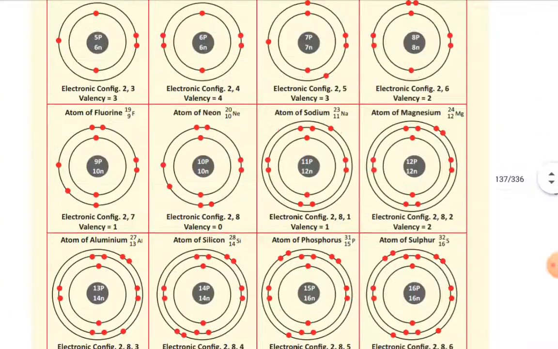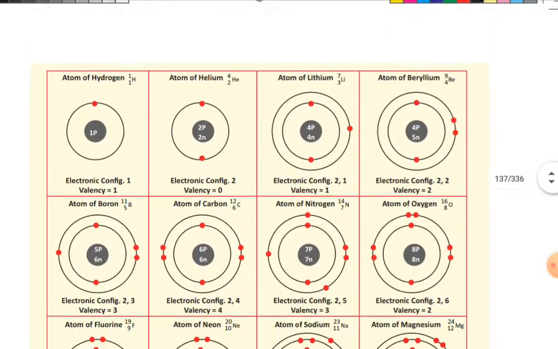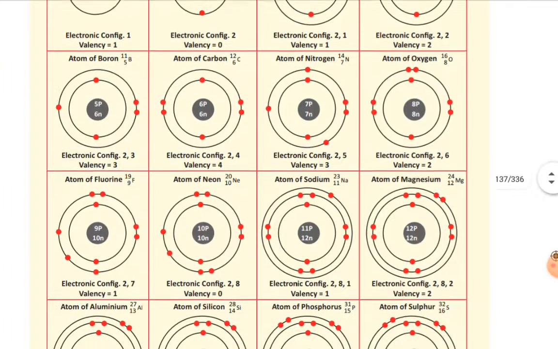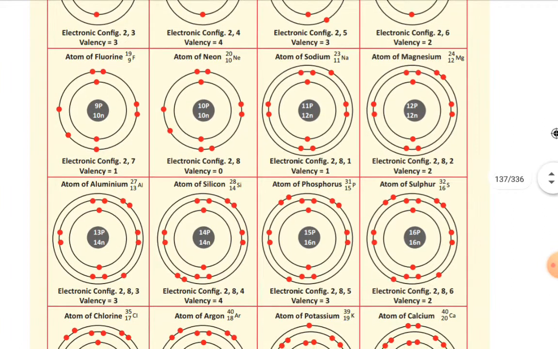So you have to practice all these geometrical representations of the first 20 elements. Hydrogen, helium, lithium up to calcium, up to chlorine, argon, potassium and calcium. You have to draw and practice. From this 1 or 2 will be asked in the exam.